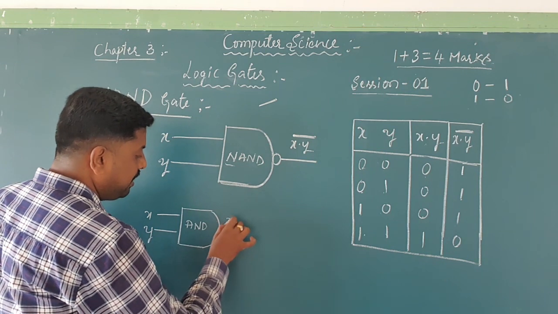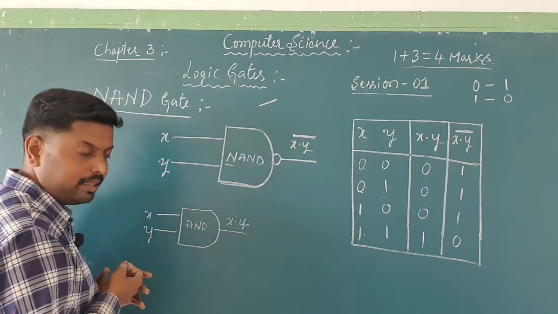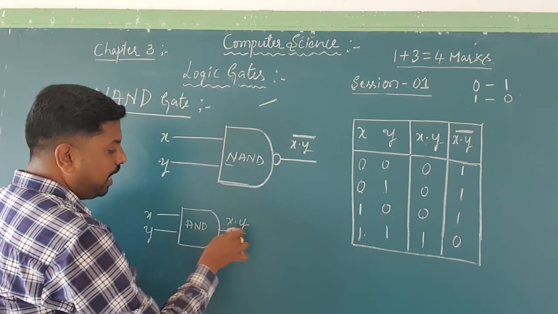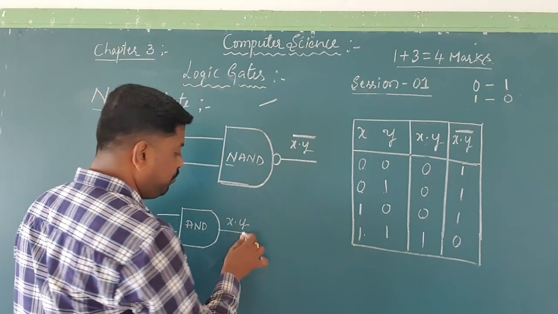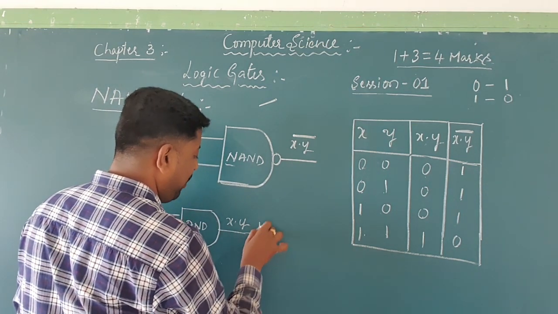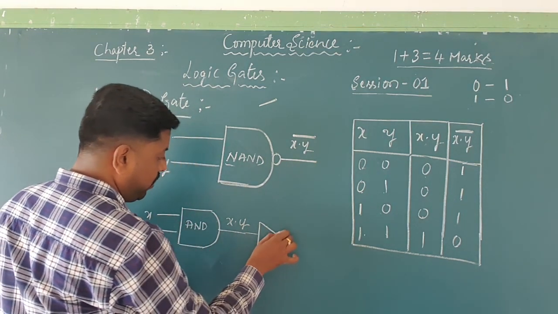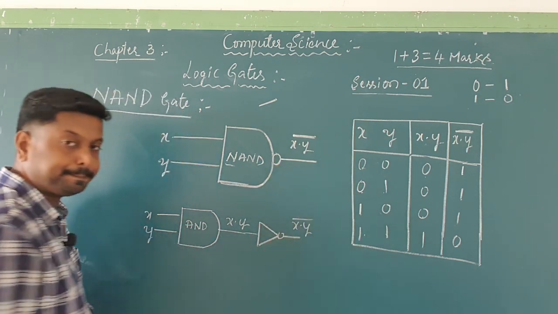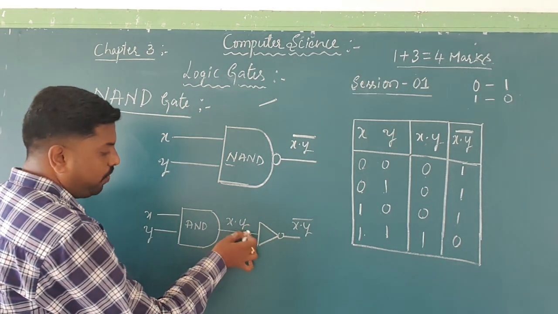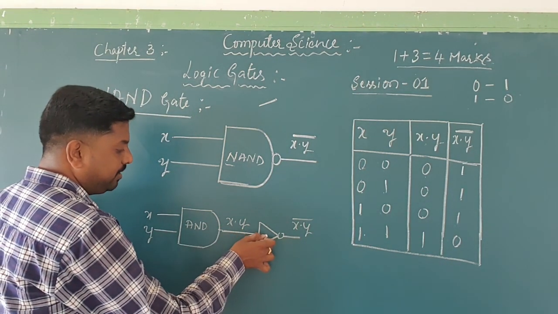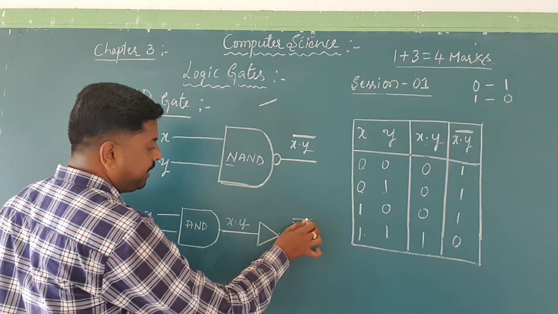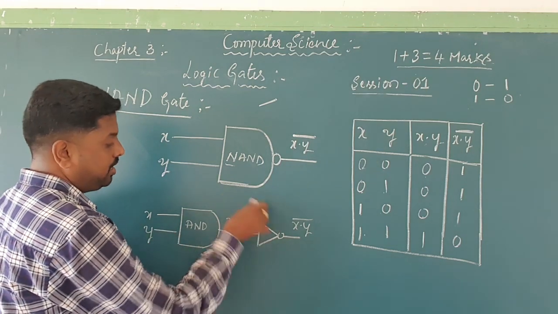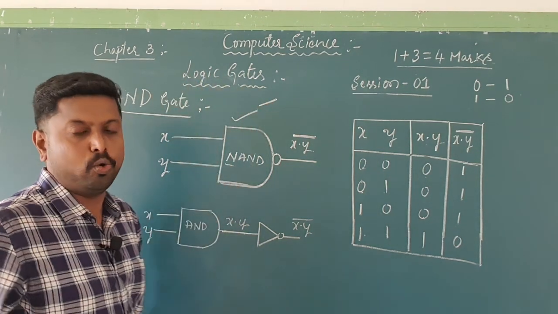Then the result is X into Y. Then we take X into Y as an input and apply one NOT gate, so the result is X into Y whole bar. This X into Y is the single output, and the NOT gate makes it X into Y whole bar. The combination of AND and NOT is what we call the NAND gate.